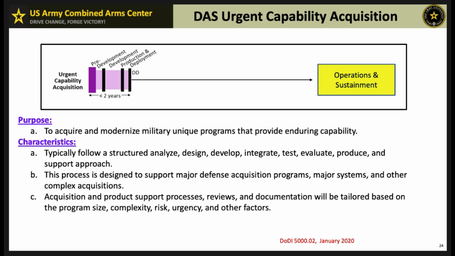To meet these urgent needs, the acquisition, product support, and sustainment processes, along with reviews and documentation, are aggressively streamlined. The objective is to plan for the capability within a few weeks, with development and production measured in months. The imperative is to quickly deliver useful capabilities to the warfighter in a timely manner.